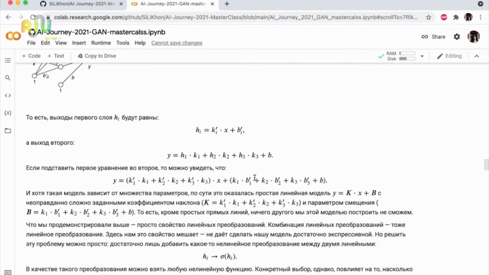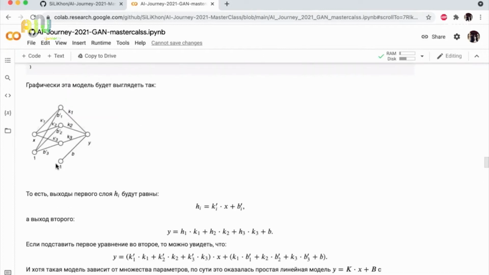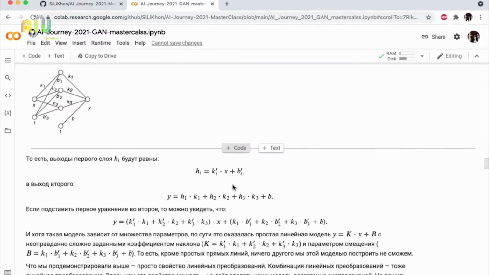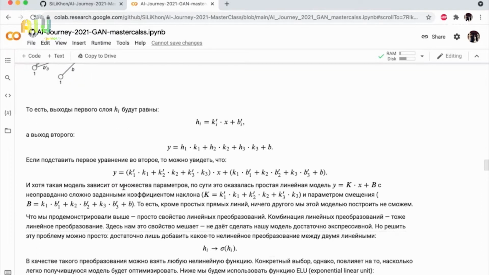The dependency would be linear. So our more comprehensive model would anyway look like this: x from y depends as a straight line. So a combination of linear transformations is also a linear transformation, and that hinders us here.